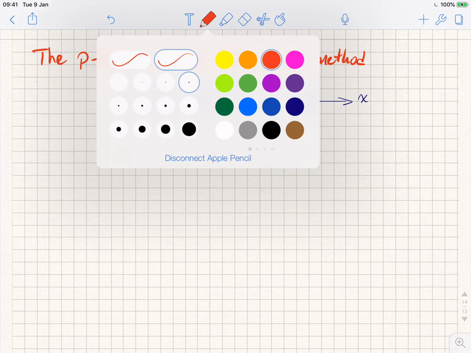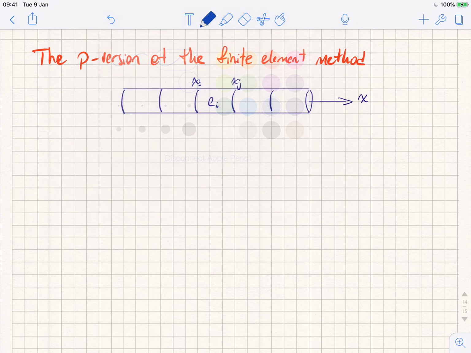Okay. So some definitions before we get started officially. What we're going to look at today is only 1D. So we're going to look at 1D p-hierarchical finite element shape functions.